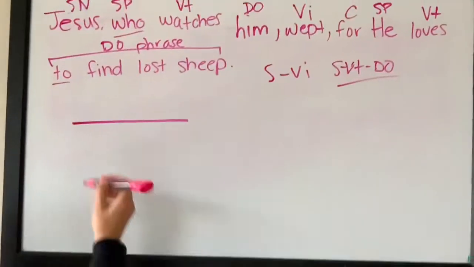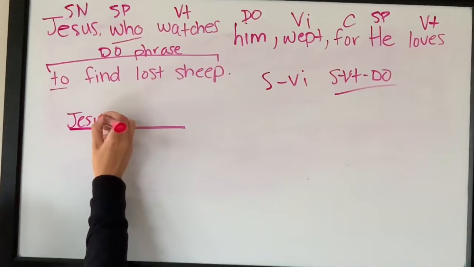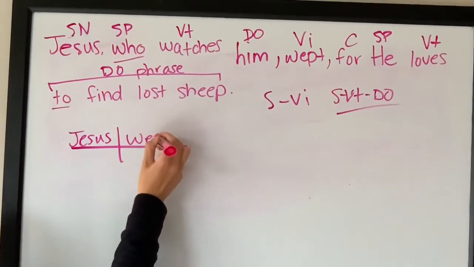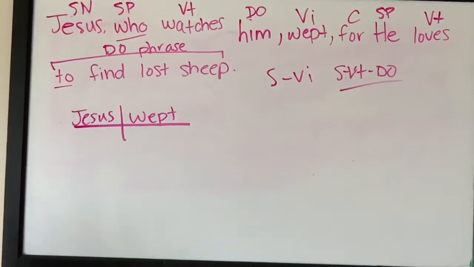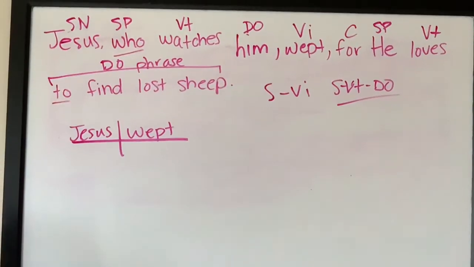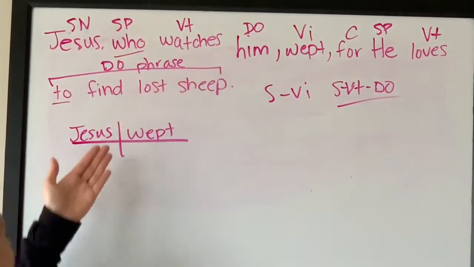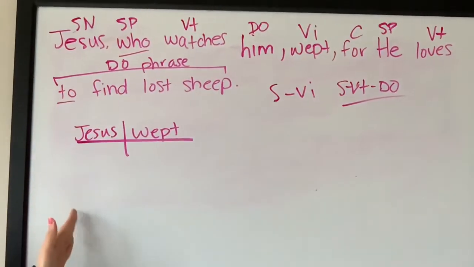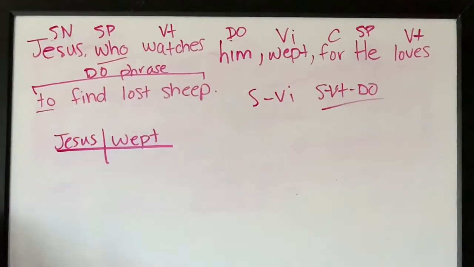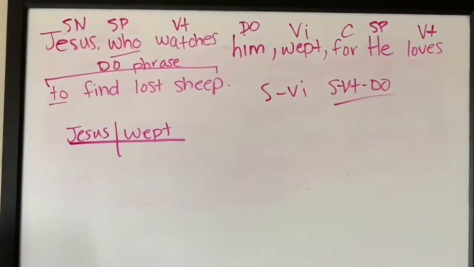First, we have our first independent clause, which is Jesus wept. So we'll have Jesus on the subject line, wept on the verb line. Okay? And then we could start with who watches him, since that's going to go under Jesus. Who watches him is modifying Jesus.